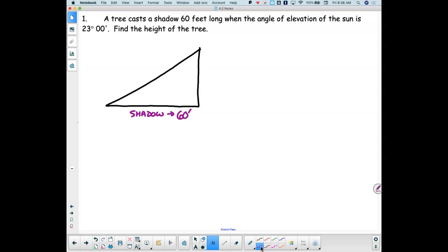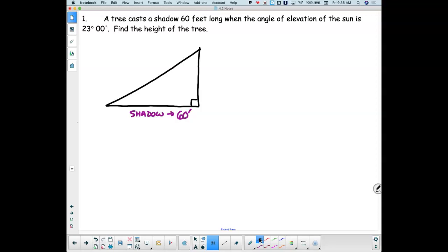Which one? The top one. You didn't sound very confident saying the top one. What do I have? Do I have an angle of elevation or an angle of depression? Oh, bottom one. I have elevation, so that means I have to go up, right?